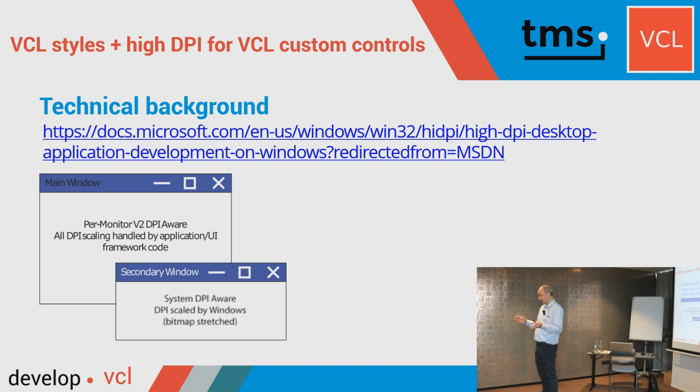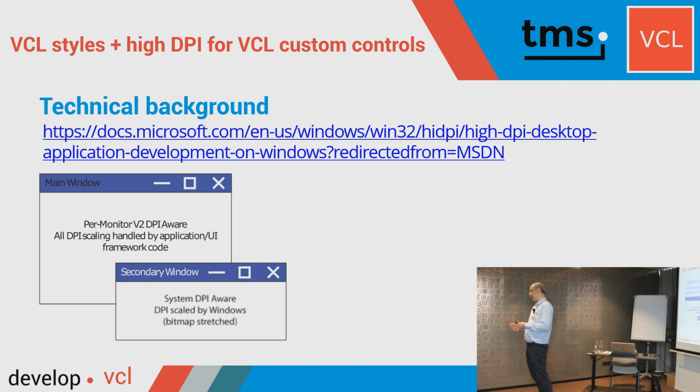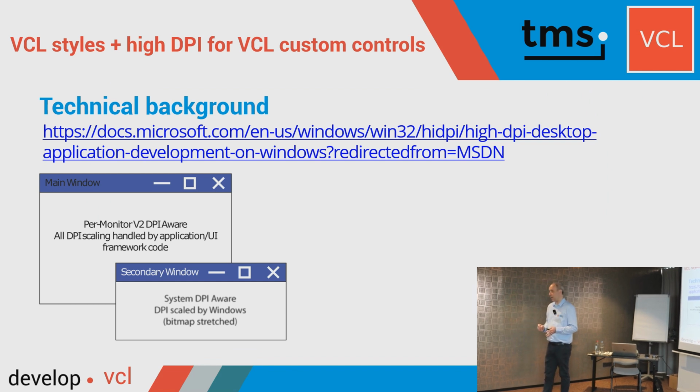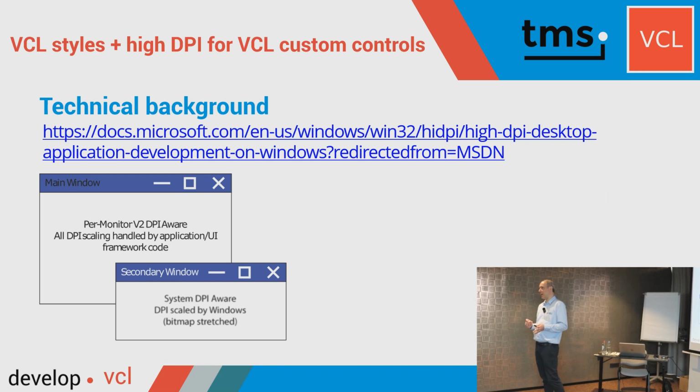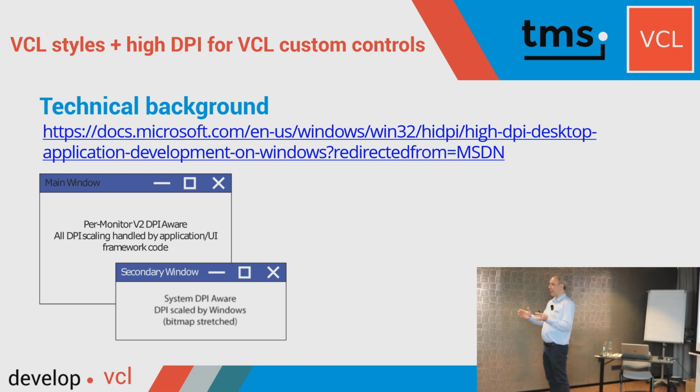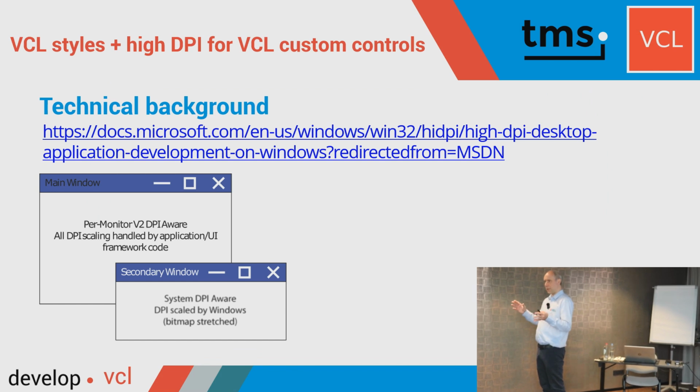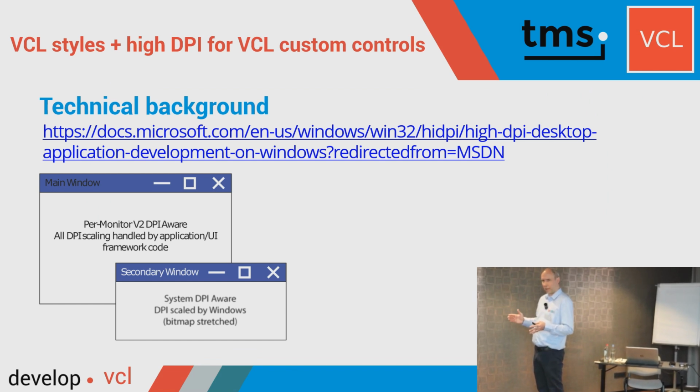For example, if you run an old executable created with Delphi 7 that does not have a manifest file indicating it is high DPI enabled, Windows sees it and will scale that application to match if you run it on a 4K or 8K screen, and your form will look a little bit fuzzy because it cannot do much more than scale what's on the screen.